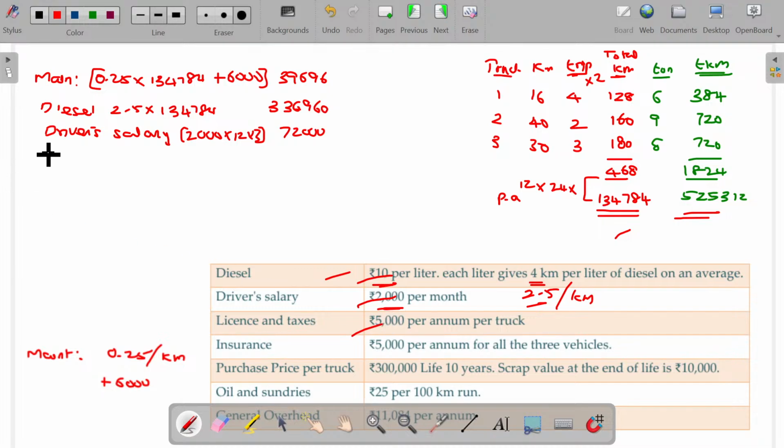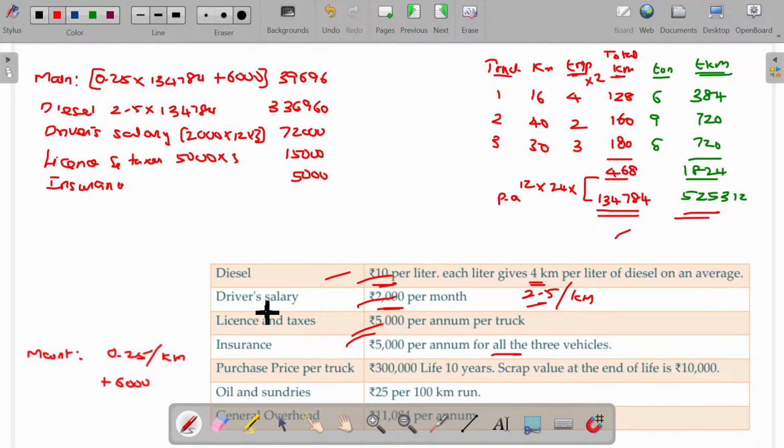License and taxes: 5,000 per annum per truck, for 3 trucks it's 15,000. Insurance: 5,000 per annum for all the 3 vehicles.